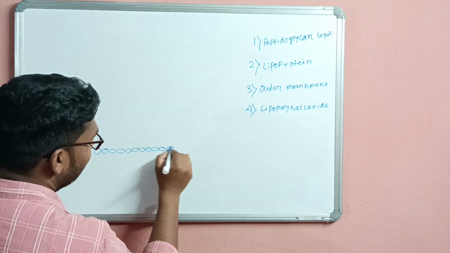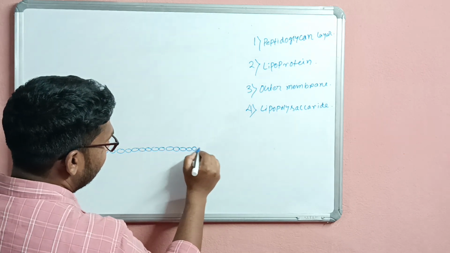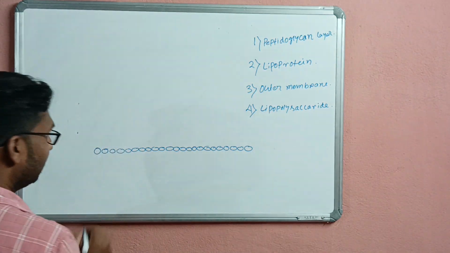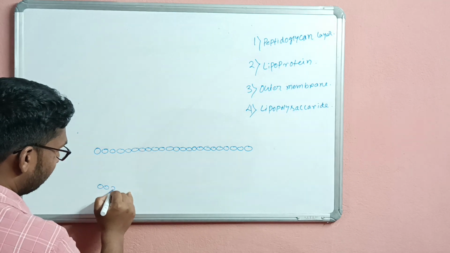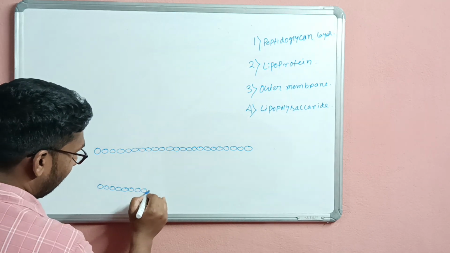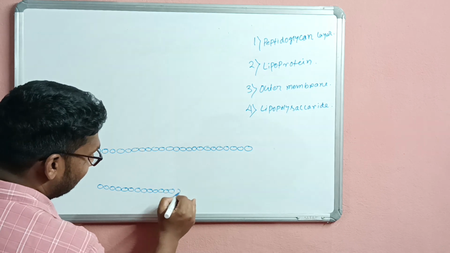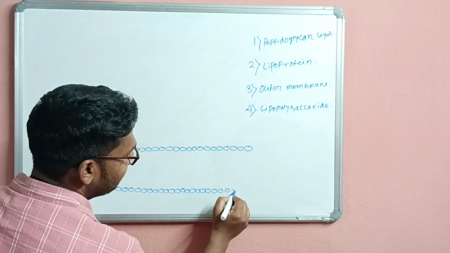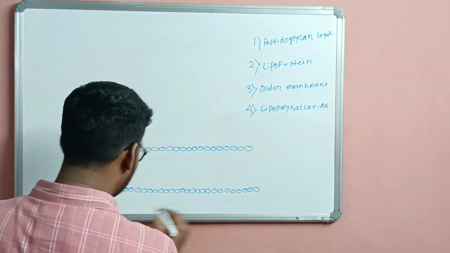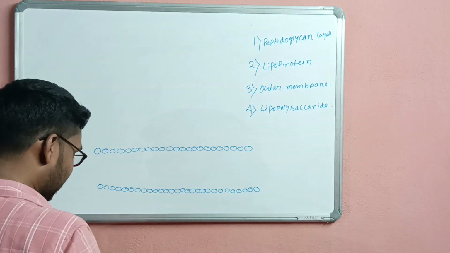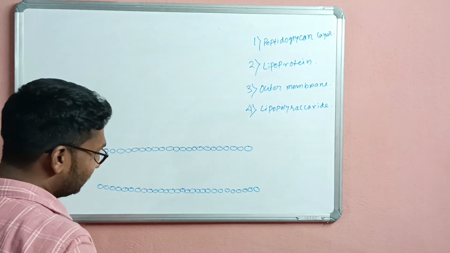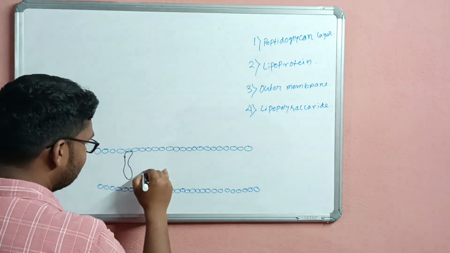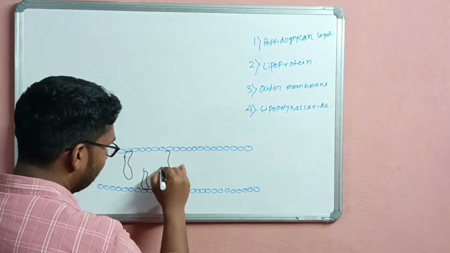Let's draw the picture. It will be very easy for you. We should remember that the cytoplasmic membrane is always present, and outside the cytoplasmic membrane the cell wall is also present. Same as in gram-positive bacteria, this one is the cytoplasmic membrane.